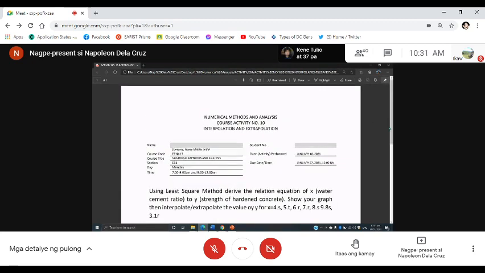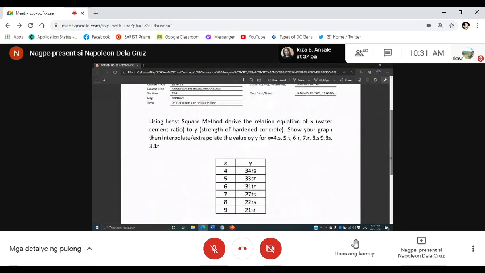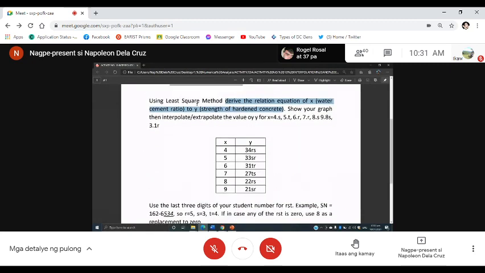So, you are required to use the least square method to derive the relation of the equation of x to y. Show your graph, then interpolate or extrapolate the value of y for x is equal to something. These are the x, and these are the y's.